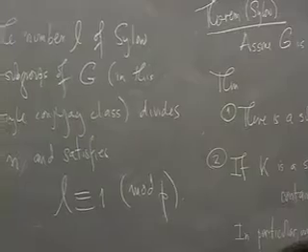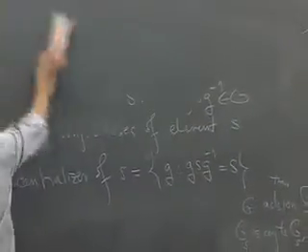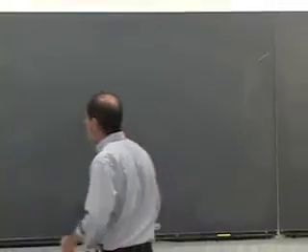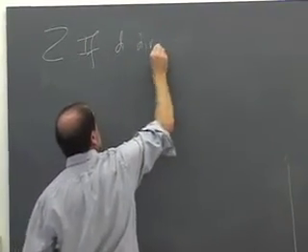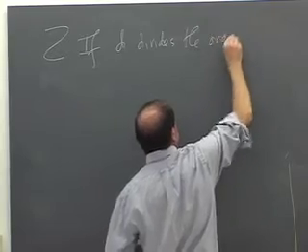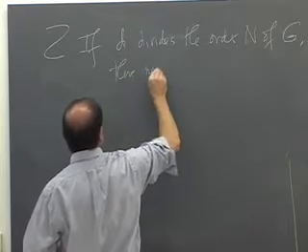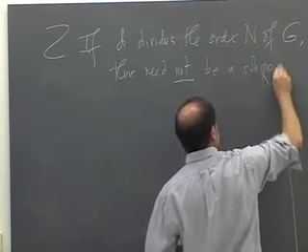Any 2 of them are conjugate. First of all, even the first part of this theorem is remarkable. It's absolutely remarkable. If you take groups of order 12, it's not necessarily true. So let's make that remark so that we start to appreciate this before we prove it. Note, if d divides the order n of G, there need not be a subgroup of order d.